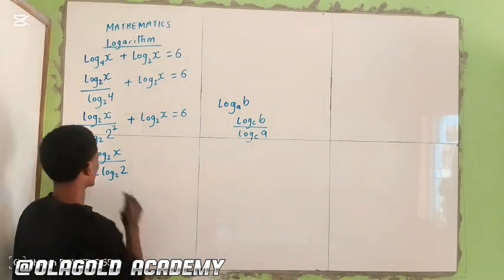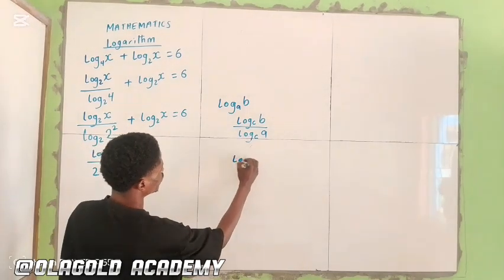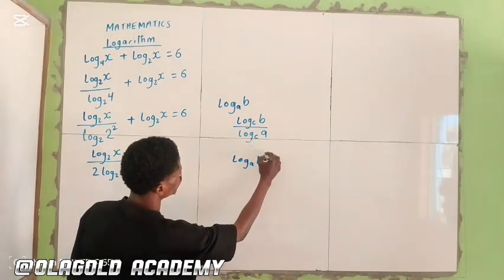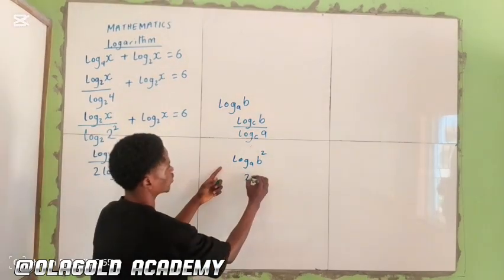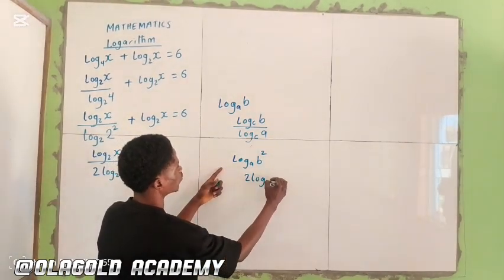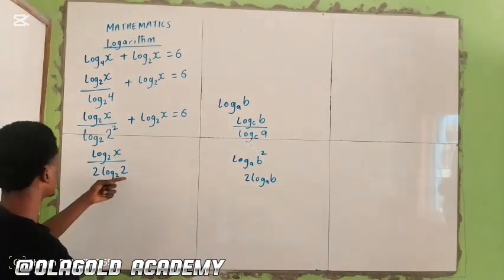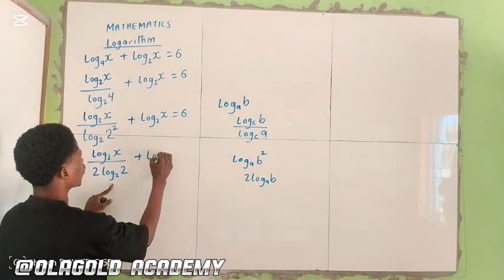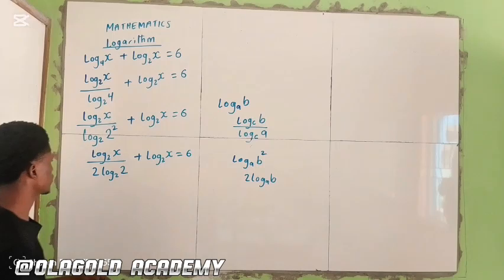In logarithm, we have a law that if we have log a of b raised to the power of 2, we can have 2 log a of b. So from here, I have this plus log 2 of x equals 6.